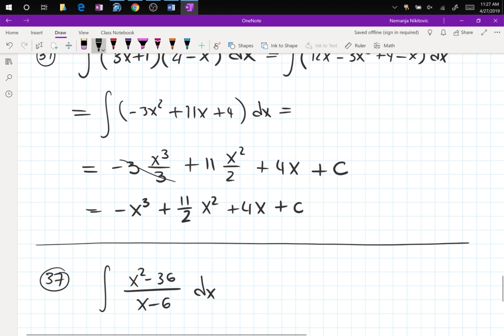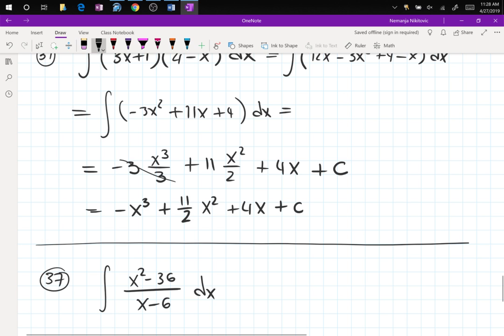So what do we do in this problem? Division. You can get like x plus 6. So we factor and cancel. Factor and cancel, and then we're good to go.